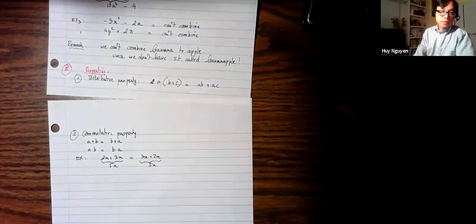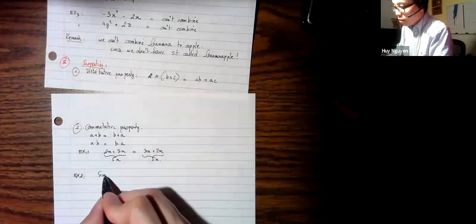You will be using this property a lot when you evaluate algebraic expressions, or when you want to simplify algebraic expressions.